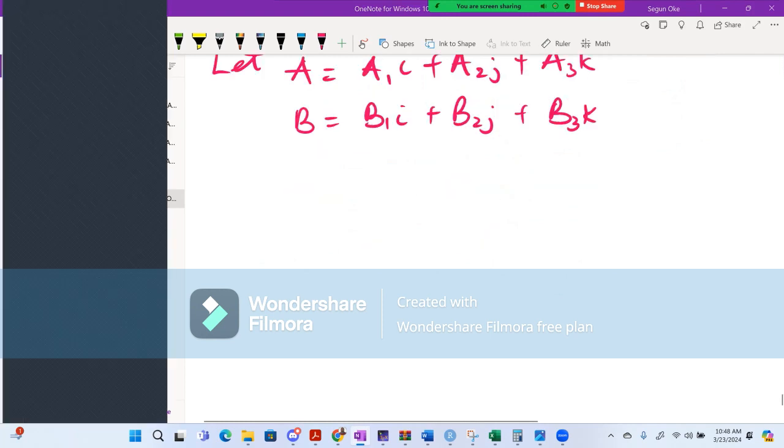The solution for this will be A cross B. This is the cross. It's not multiplication. We call it cross in this case.